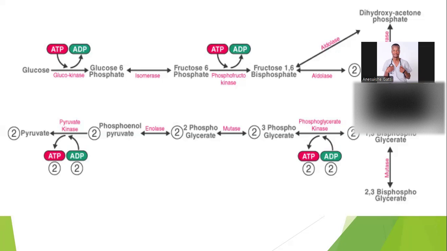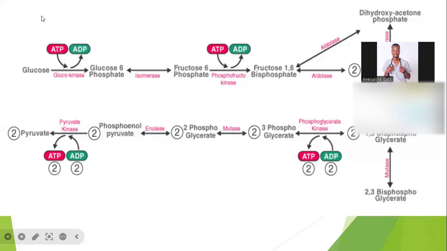So the first thing that happens is I have a glucose molecule in the cytoplasm. This glucose molecule will react with ATP, and I'm going to add a phosphate on the sixth position of the carbohydrate moiety. So you get glucose 6-phosphate.